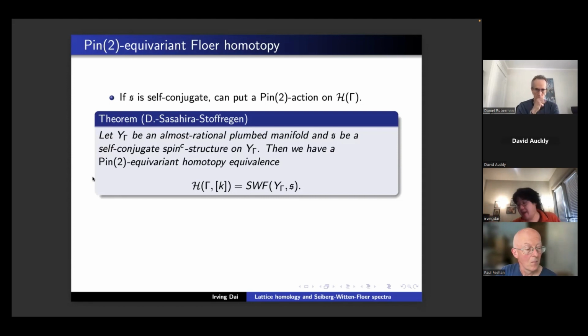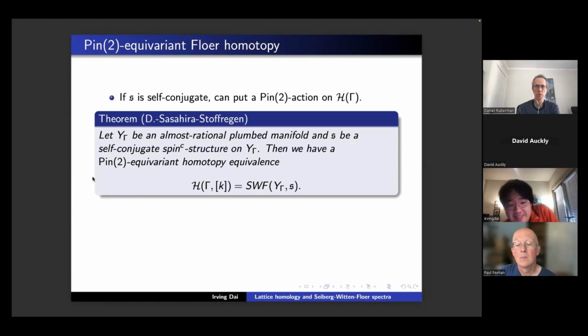And in fact, you can show that this Pin(2) action on the lattice homotopy type computes the Pin(2)-equivariant homotopy type of Y. The proof of this is rather more complicated. I've glossed over it, and it requires a lot more work.